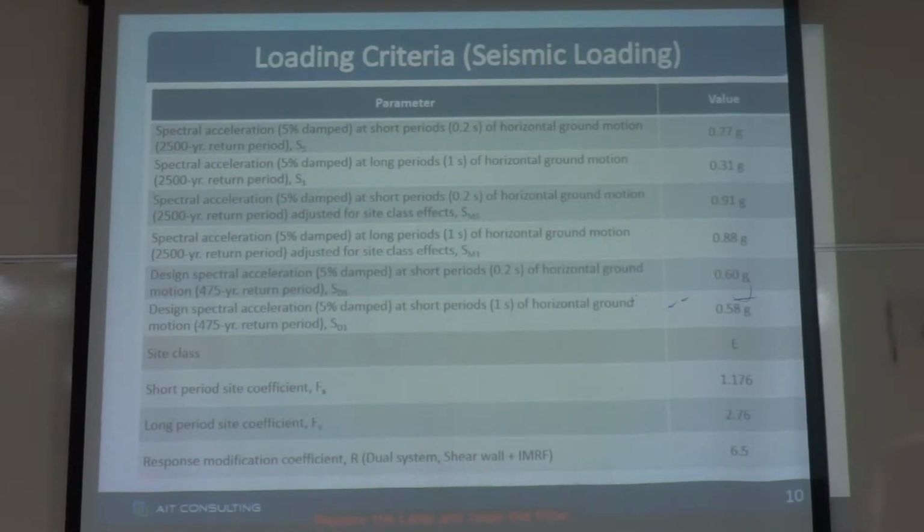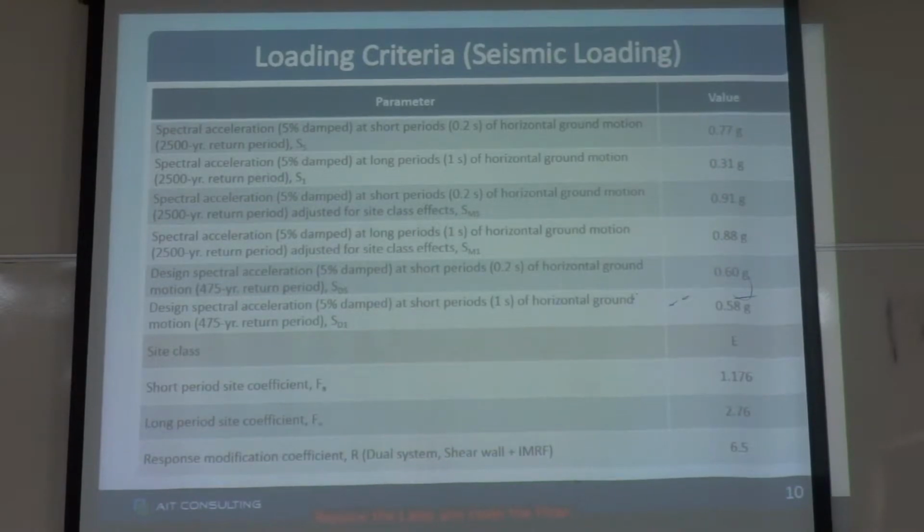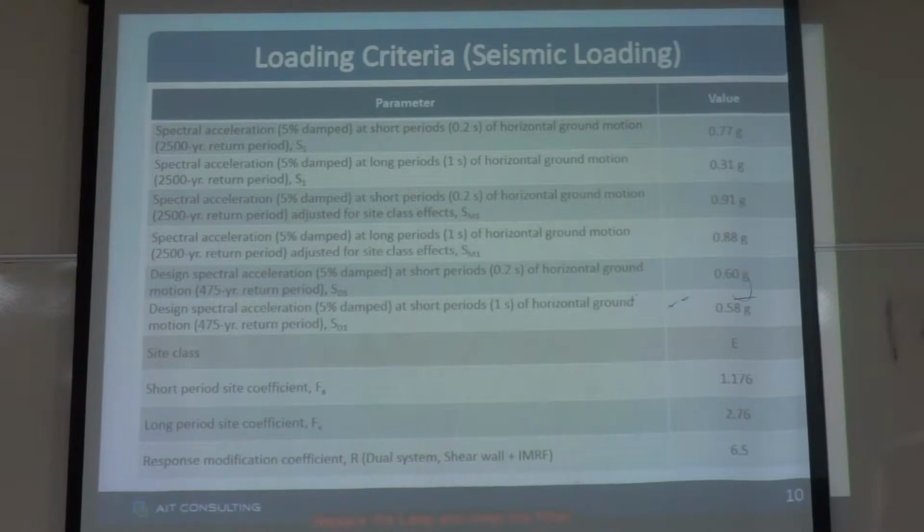Those things you have to determine first and then prepare the design criteria. This is the sample design criteria from ASCE 7. I will explain briefly the parameters that we consider in seismic loading.